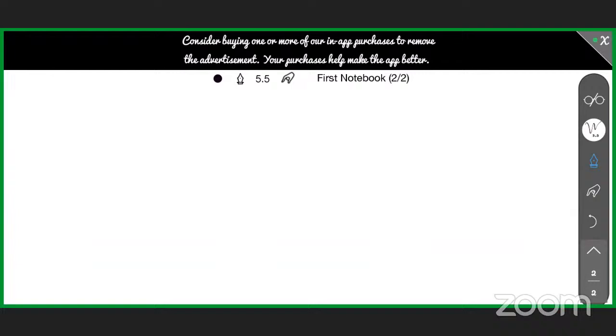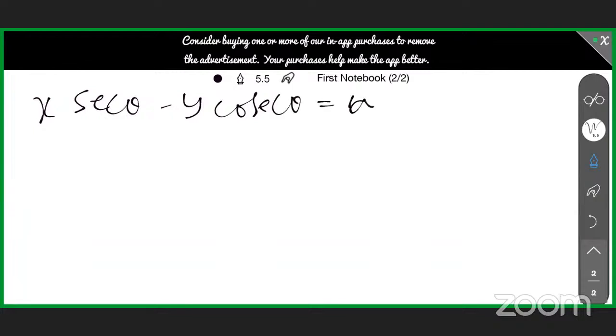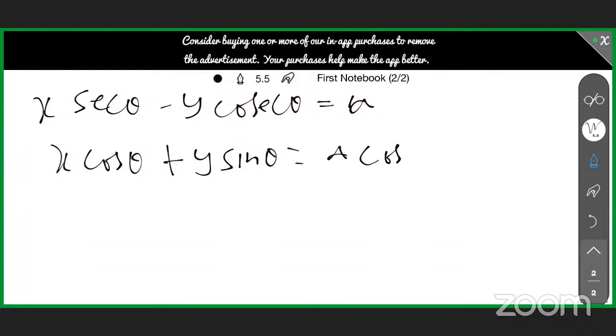P and Q are the perpendicular distances from origin to the straight line x secant theta minus y cosecant theta is equal to a, and x cos theta plus y sin theta is equal to a cos 2 theta.